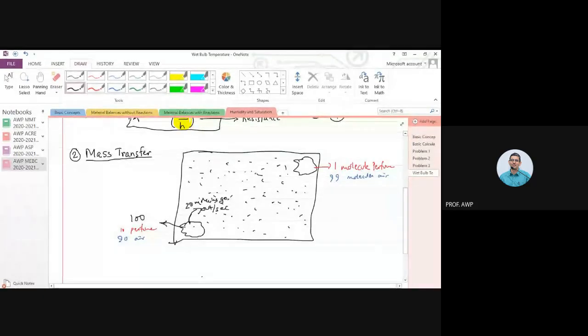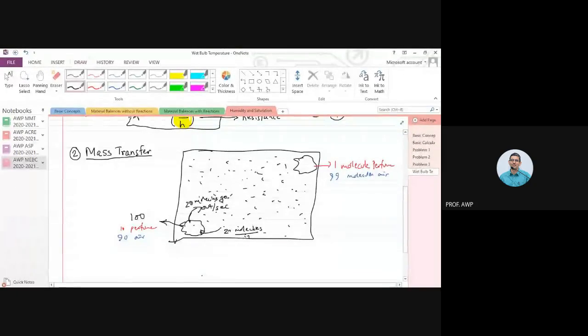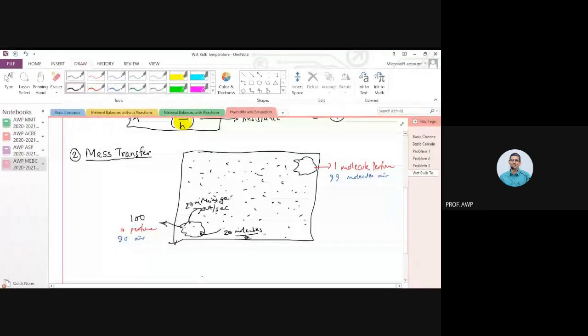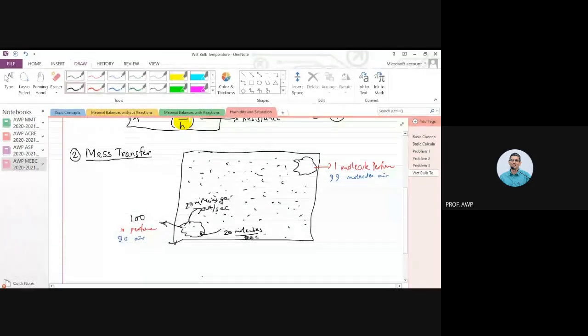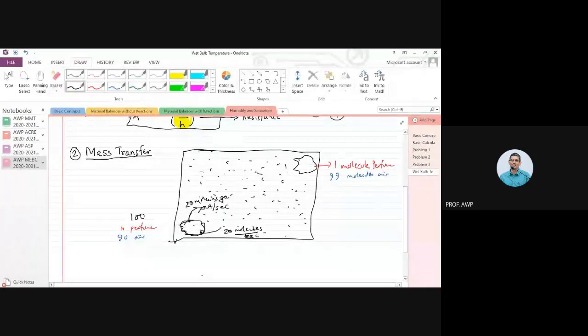So some 20 molecules will also come in per second. Yes or no? Yes, sir. If 20 molecules come in, 20 molecules must go out per second.